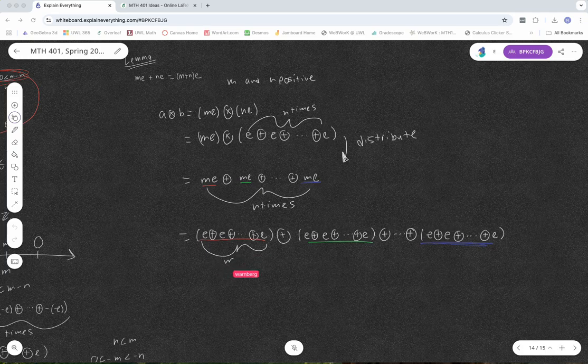So then each of these are M copies of E, and there are a total of N. So how many total E's are there?